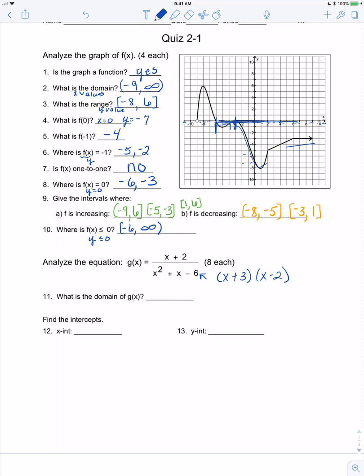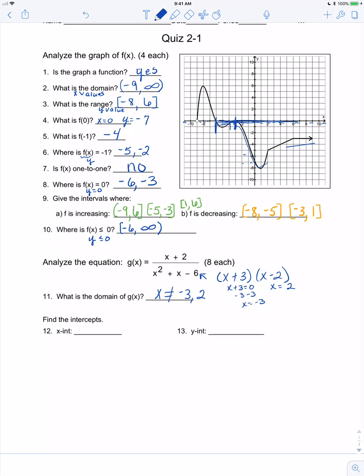Well, remember, if you set both of those equal to 0, then you're getting x is equal to -3, and then that one's x is equal to 2. Okay, so either one of those would make this denominator 0, which is what we cannot have. So we're going to say x cannot be -3 or +2.